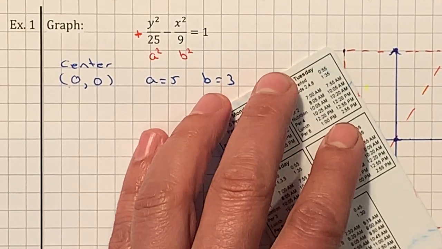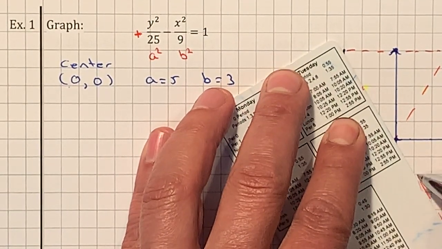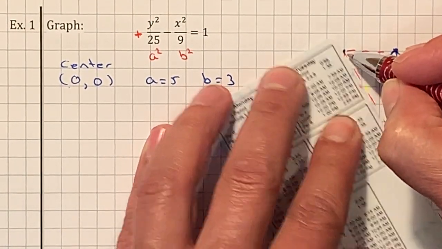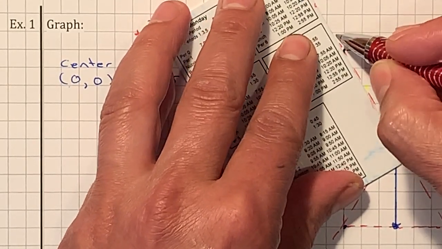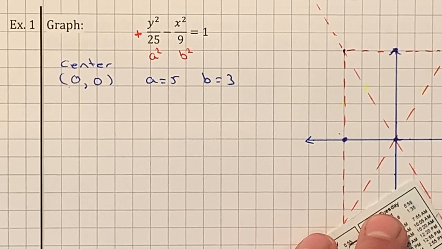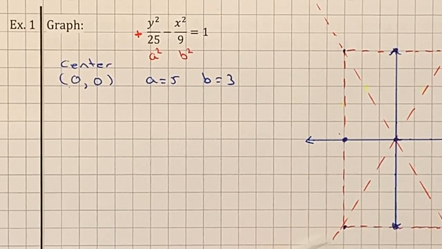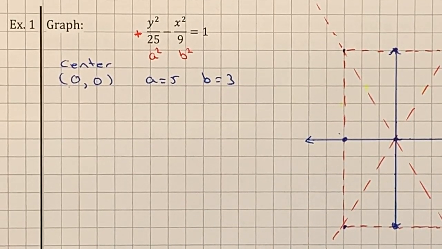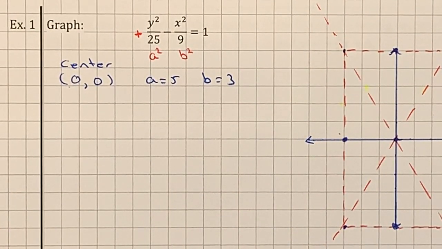Once again, I'm going to connect both corners. Make sure that you go beyond your graph. And we'll come back to the equation of the asymptotes in a few minutes.